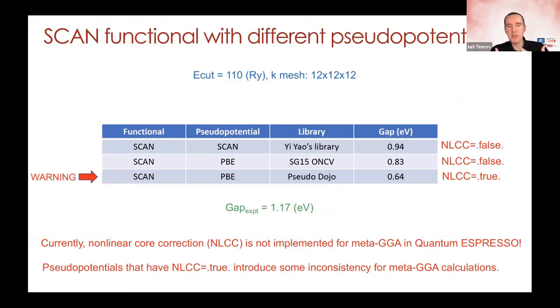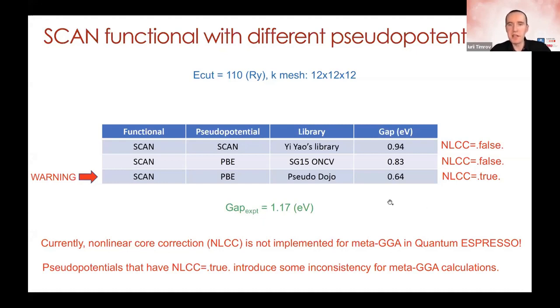The nonlinear correction is not implemented for SCAN. In principle, you should not use SCAN with pseudopotentials that contain nonlinear core correction. But in practice, you can still do it, keeping in mind that you are having some error.